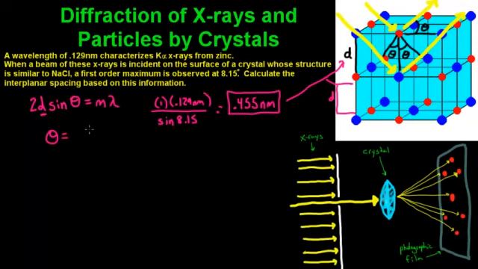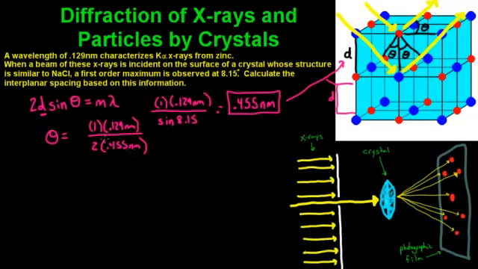equals m, which is our first order maximum, times the wavelength, 0.129 nanometers, divided by our 2d, so the distance was that, so we take 2 times 0.455 nanometers, right?